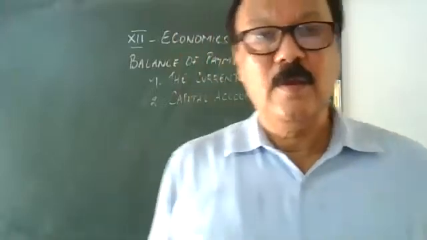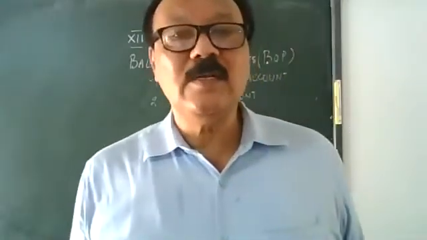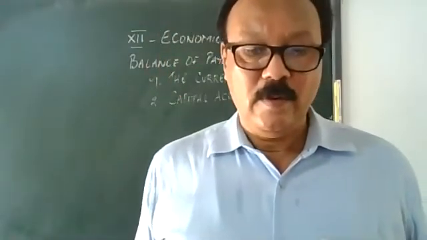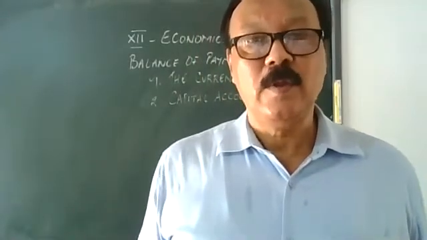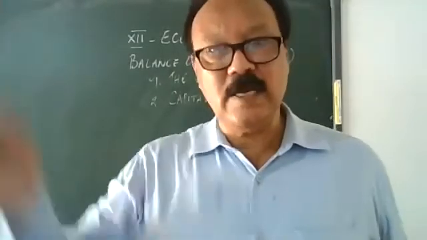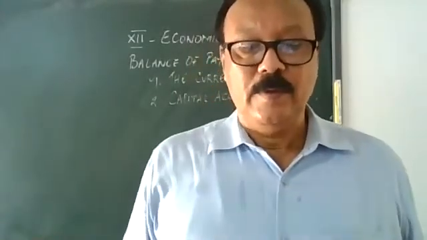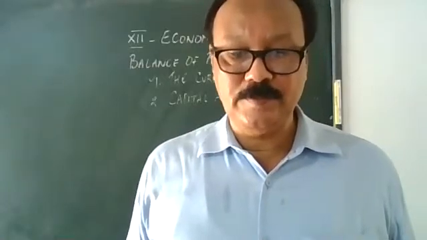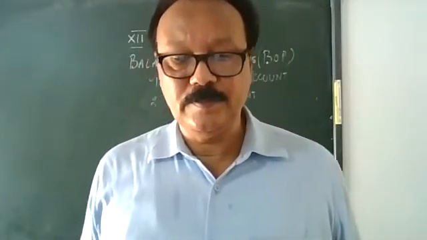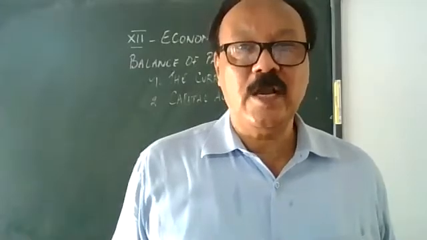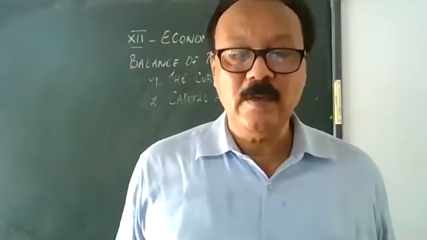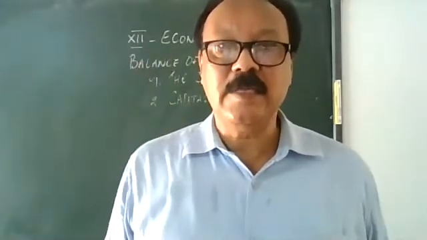First is visible trade, oblique, a slash, visible items. Children, understand before you write, what is the meaning of visible? Something which can be seen.